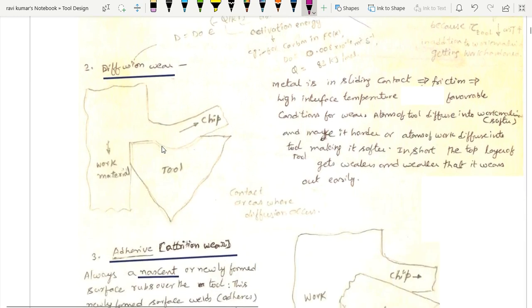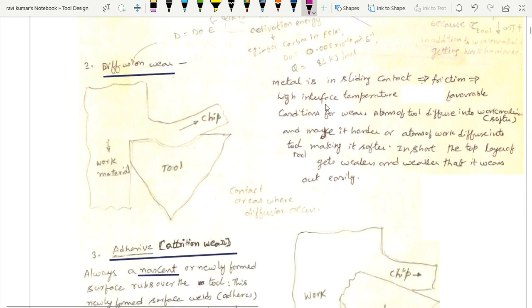The second mechanism of wear is diffusion wear. Since the chip flows over the rake surface with close contact between the chip and the tool, the gap is going to be very, very small. This promotes a sort of diffusion.